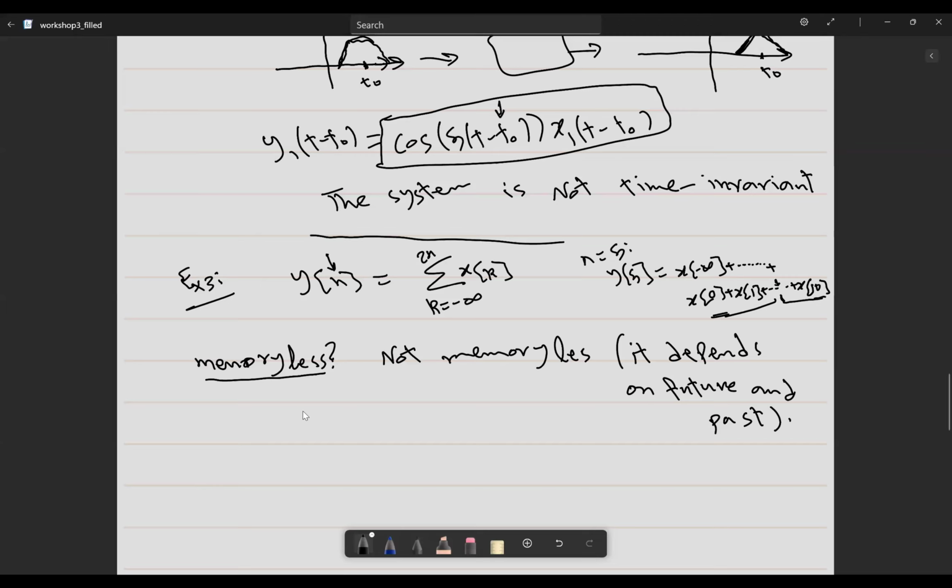In general, it's not stable. It actually depends. If xk is strictly less than 1, then it will be stable, right?